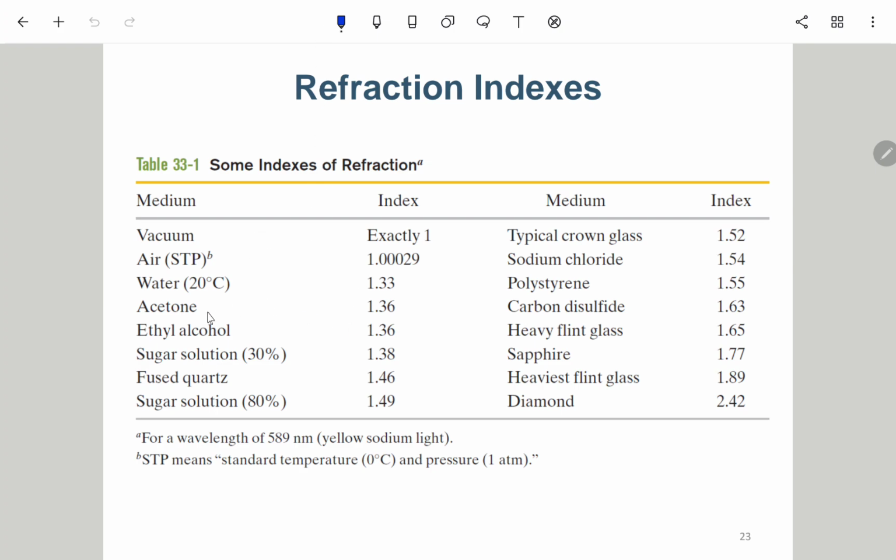And then you can also see, yeah, for the typical glass around 1.5. And then here, for the diamond, 2.42. Okay, so that's why ladies like the diamond very much. It has a very large refraction index, to make it very shiny.